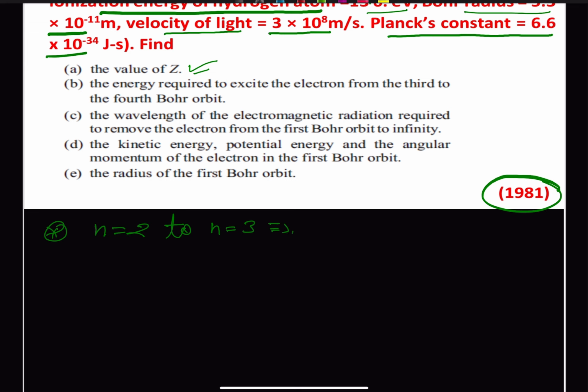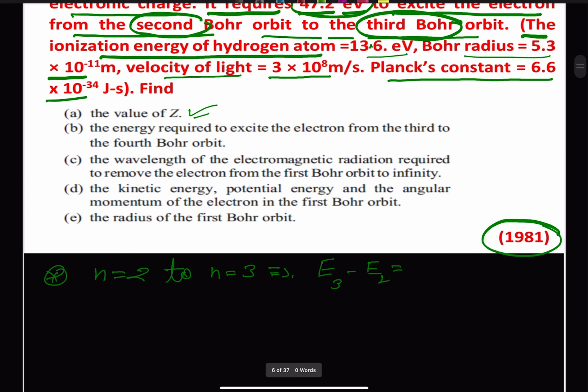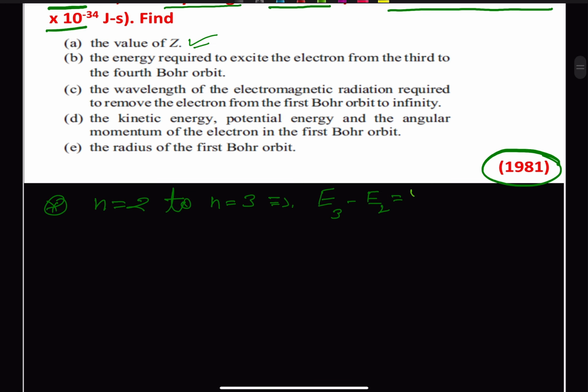Based on this, we can write that E3 minus E2 will be equal to 47.2 electron volt, and we need to find out first of all the value of Z. So this is our part A.